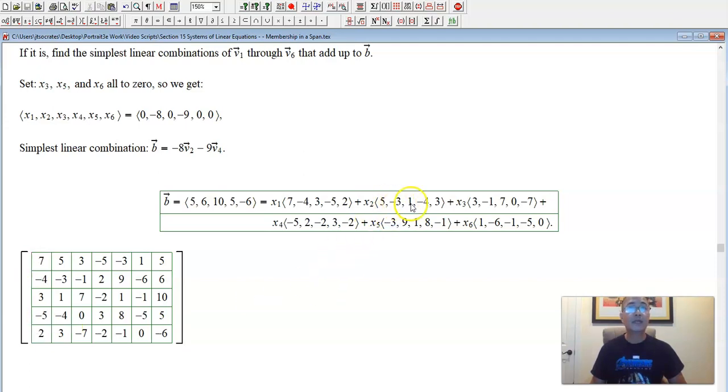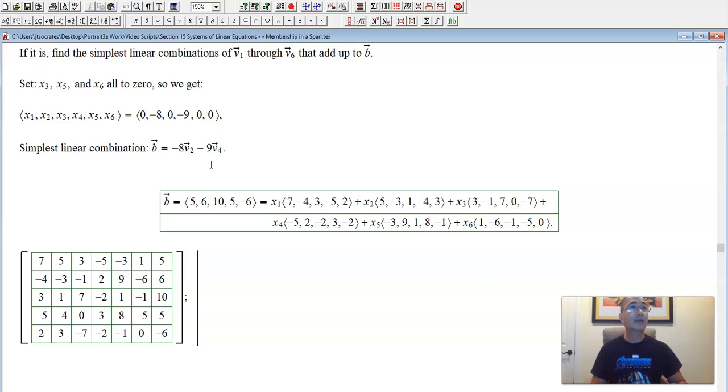Who's v2? 5, minus 3, 1, minus 4, 3. So v2 appears in the second column. What do we want to do? We want to form this linear combination, minus 8 v2 minus 9 v4.